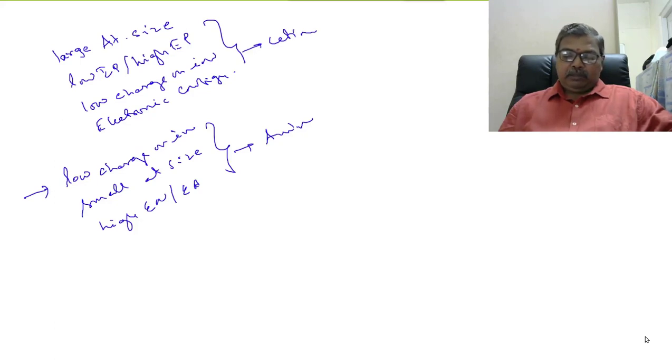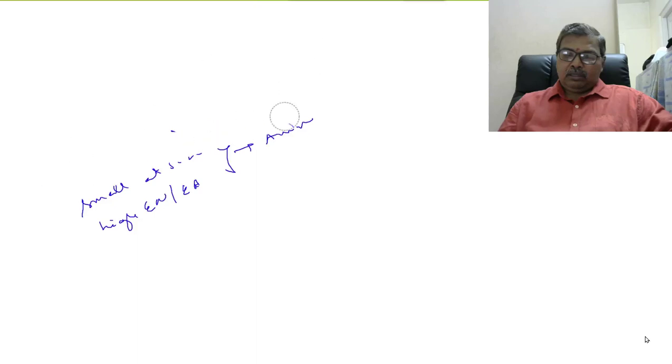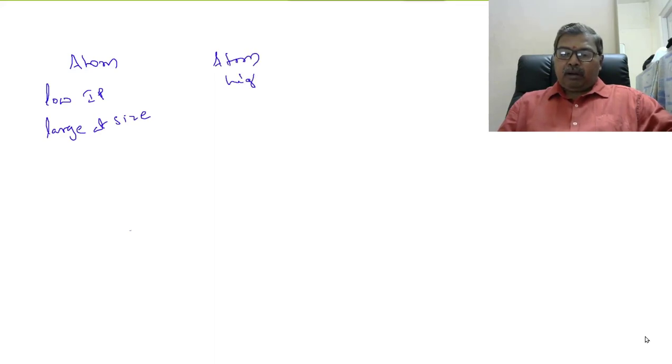So generally speaking, ionic bond is formed between an atom with low ionization potential and large atomic size, and an atom with high electron affinity or electronegativity.